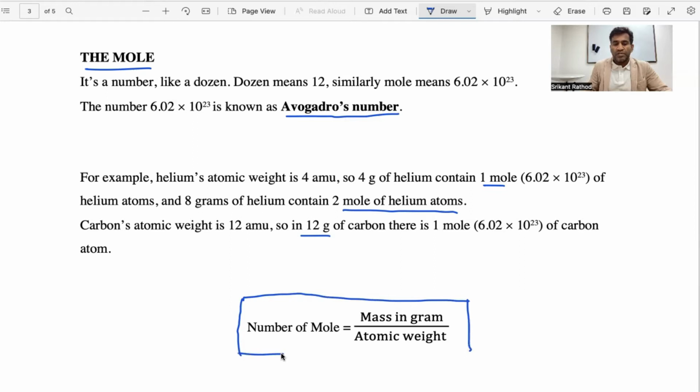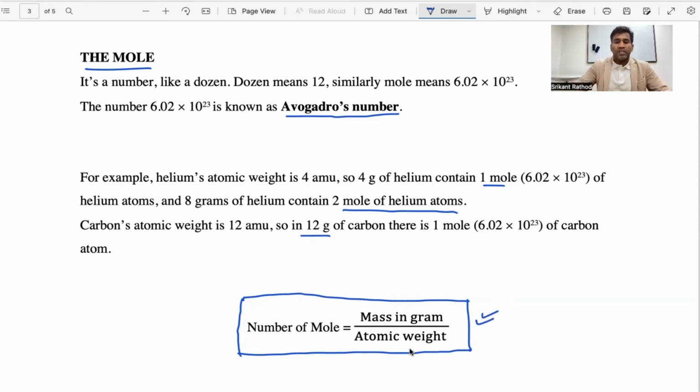Of course, I need a periodic table when they ask me to convert to the number of moles, because I need to know the atomic weight of the substance or element we are talking about, and accordingly we can relate how many moles of that substance are in how many grams. So generally we use this equation to solve it.